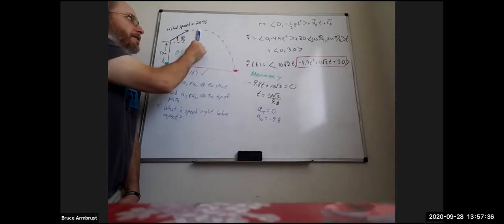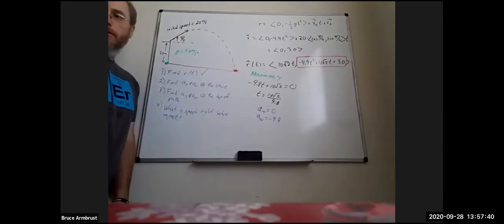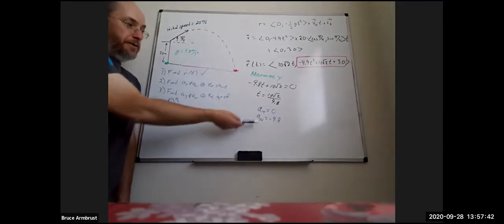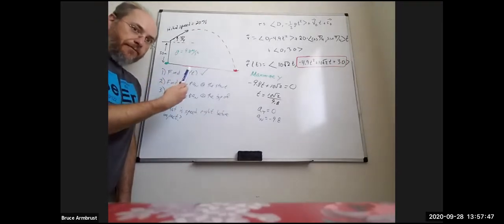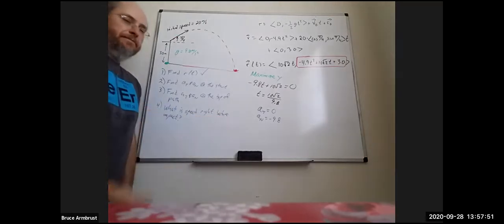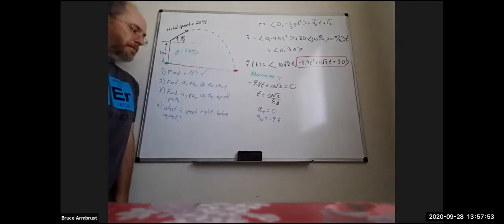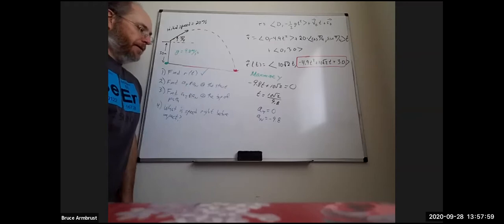So all of that acceleration is in the normal position. So when you run the numbers, you should get this anyway, but just logically, visually, looking at the graph, shows that we should find that. All right, so there's your a sub t and a sub n at the top of the path.